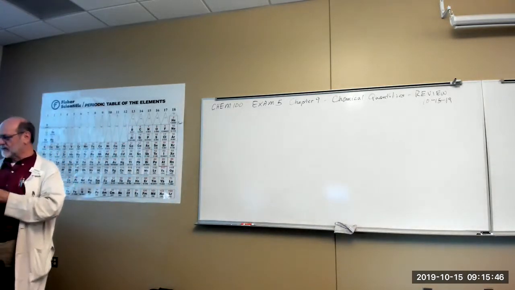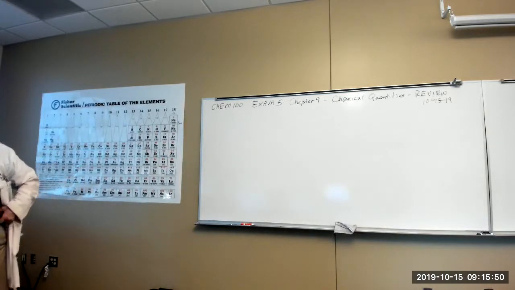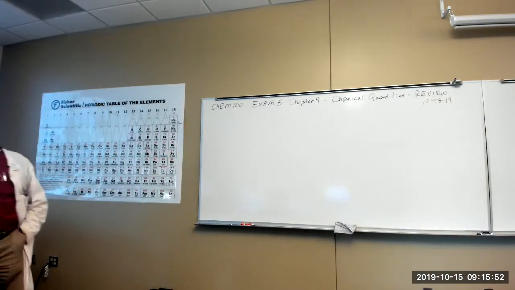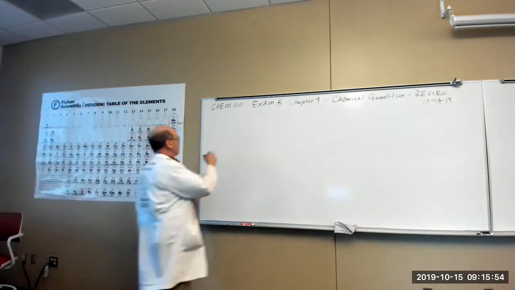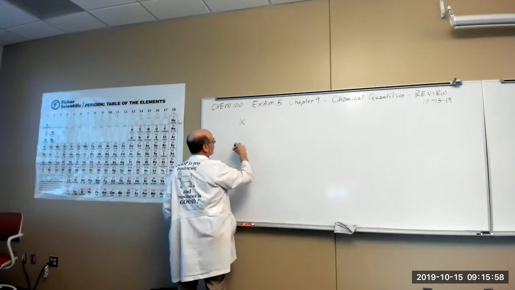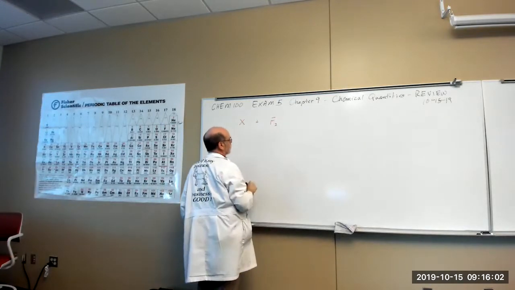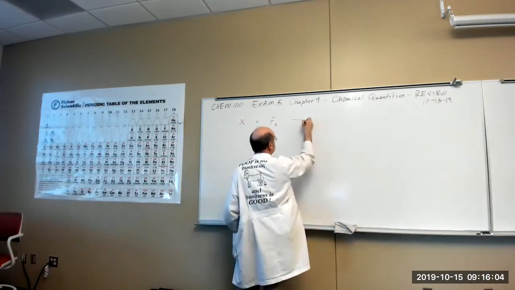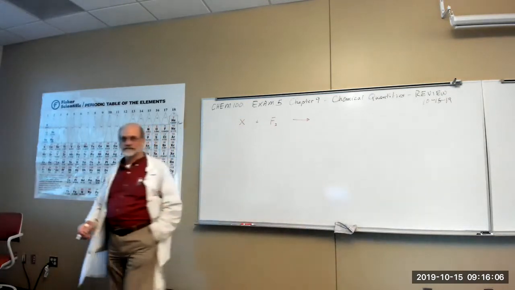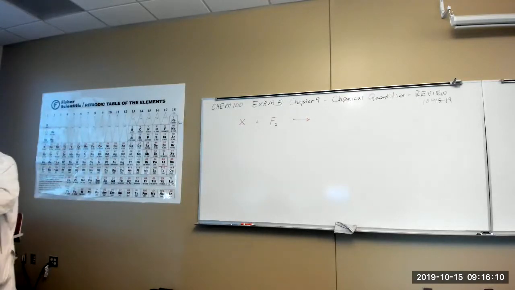What if we react an element with fluorine? I'm just making this one up so it has no number. There's our element. We react it with fluorine. Doesn't have a number. I don't think it does. Maybe I'll look and see.